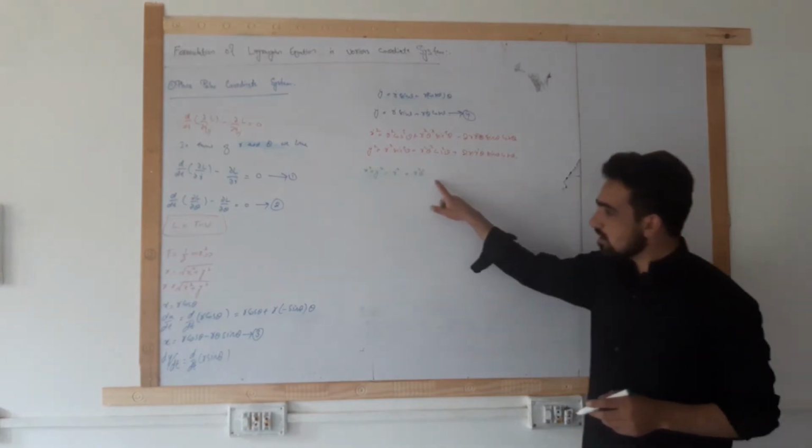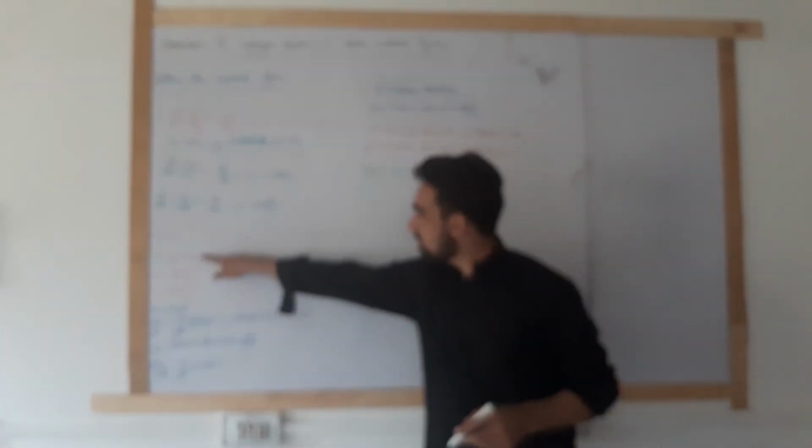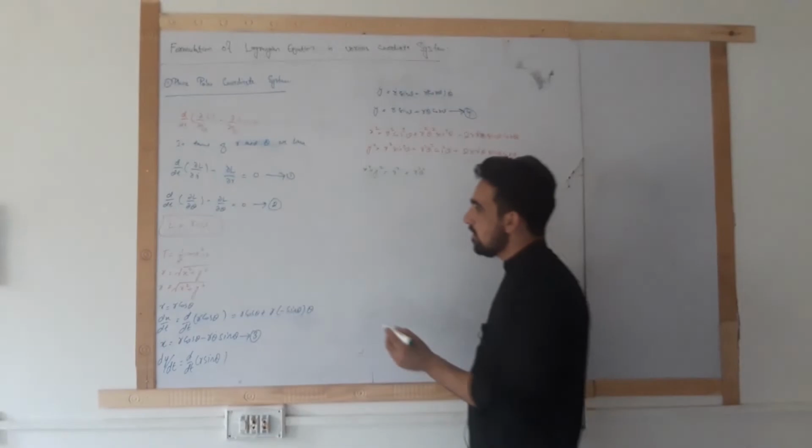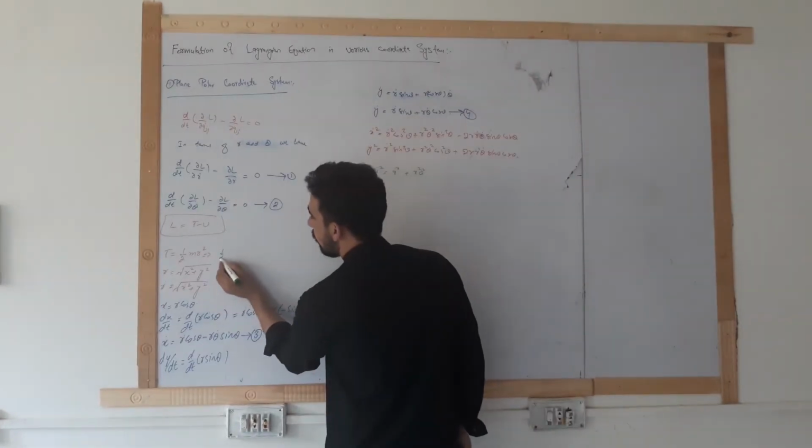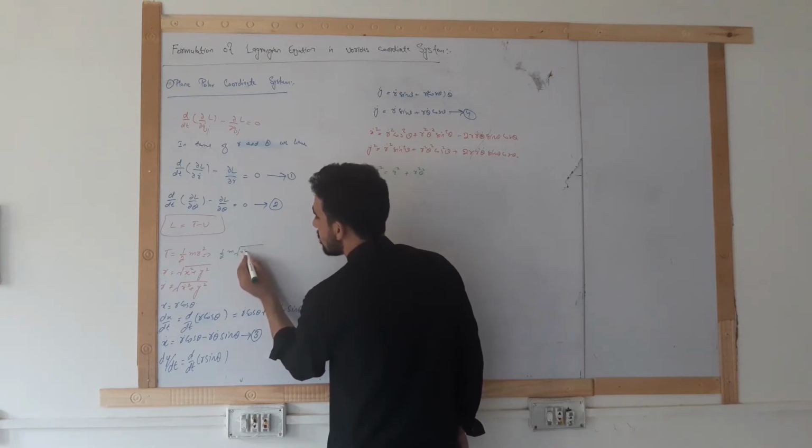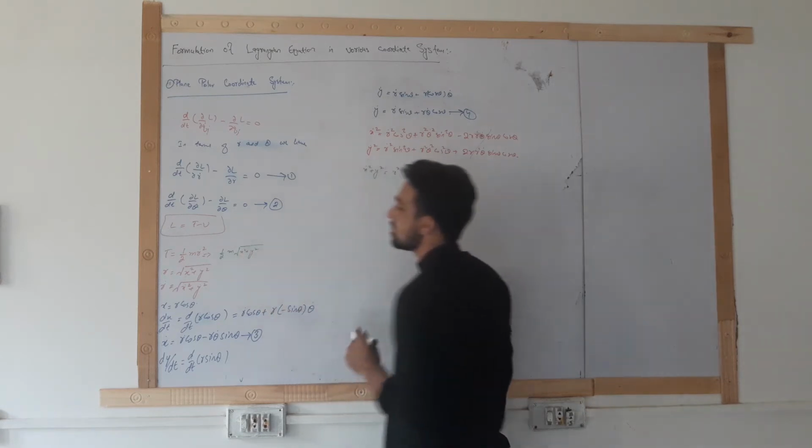So substituting these values in the value of kinetic energy, we have kinetic energy is equal to half m into x dot squared plus y dot squared.